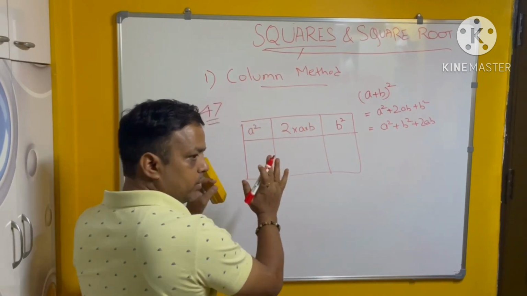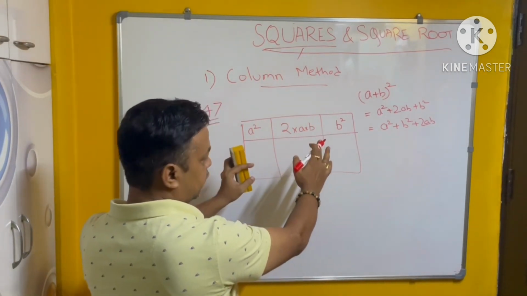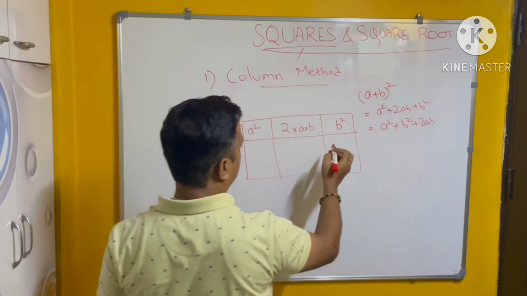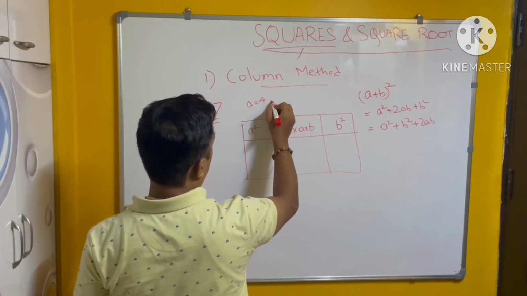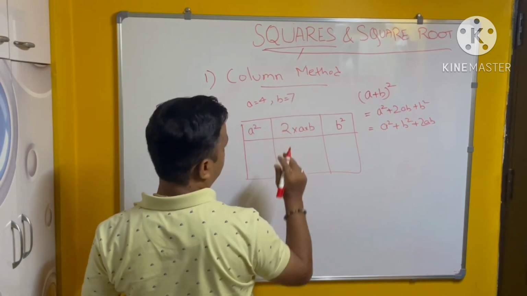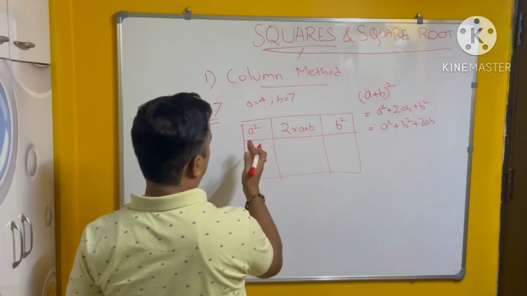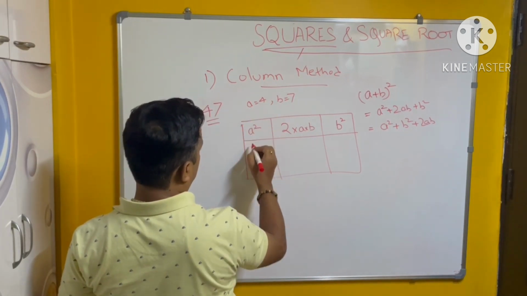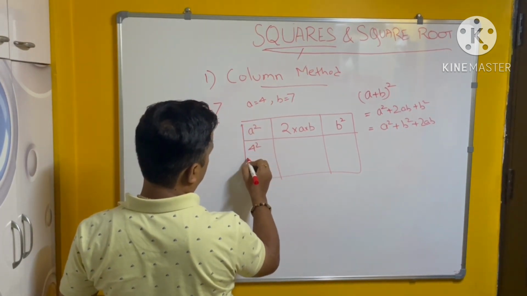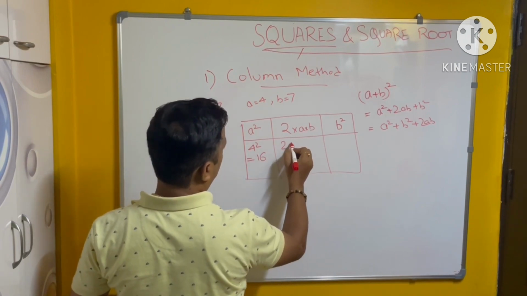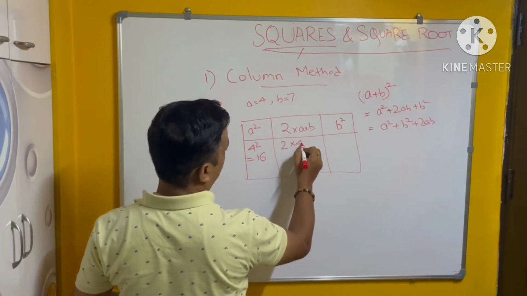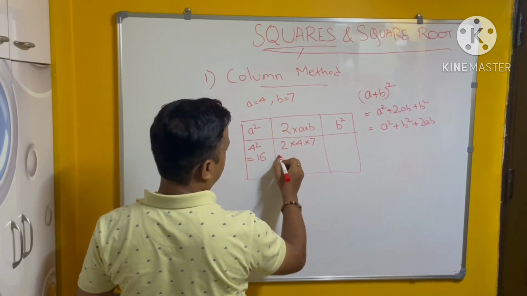Now we will evaluate each of these columns and write them down. So in 47, a equals 4, b equals 7. Right, let us start from here. 4 square equals 16. 2 into a is 4, b is 7.